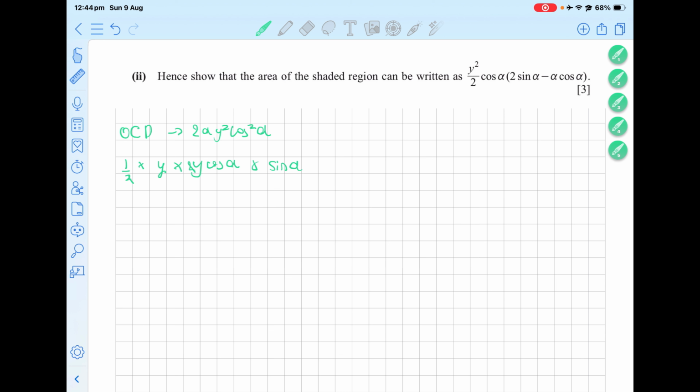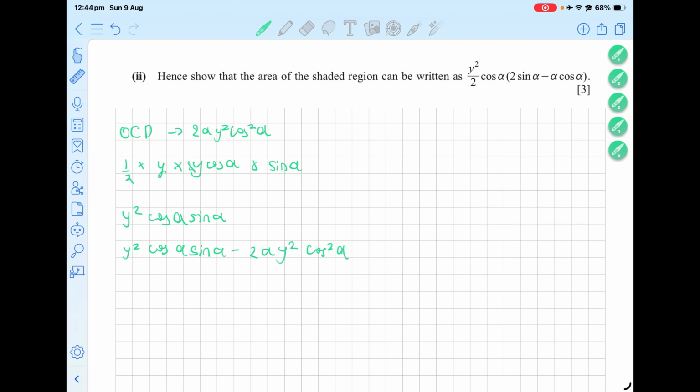So this is going to be equal to y squared cos alpha sine alpha. And since we have this, y squared cos alpha sine alpha minus 2 alpha y squared cos squared alpha.